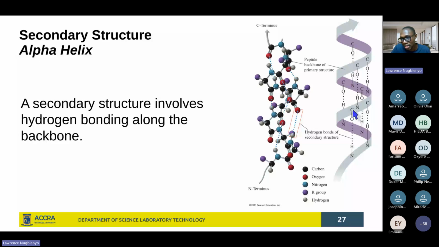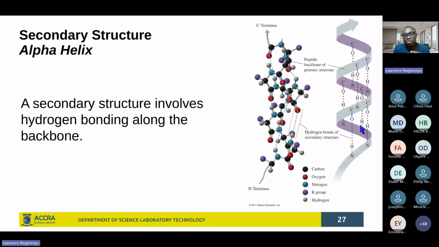So it forms some kind of a stacking, like a ribbon-like staircase. And you see these hydrogen bonds which are holding the amino acids together. That is the alpha helix structure of a protein.